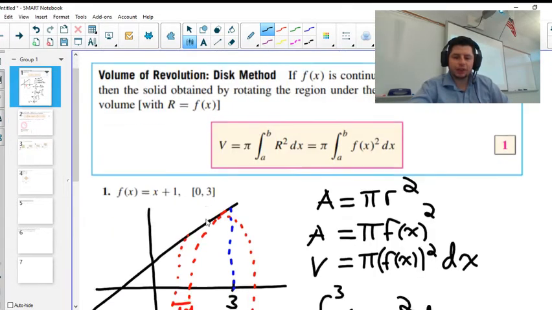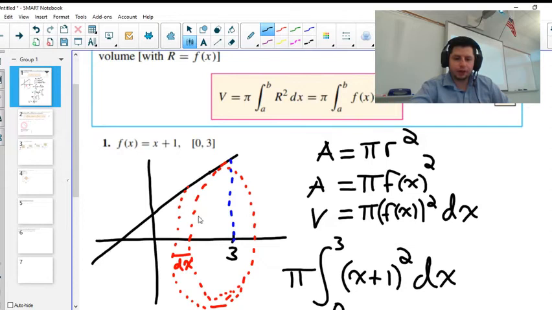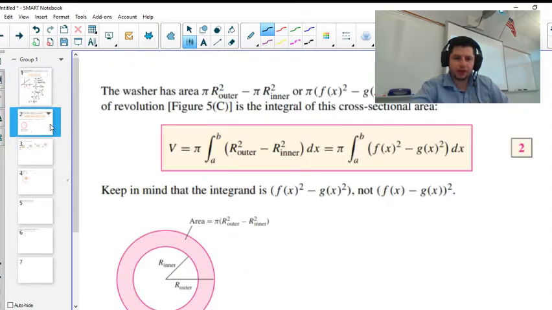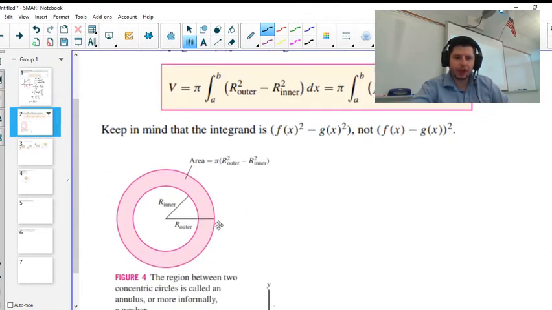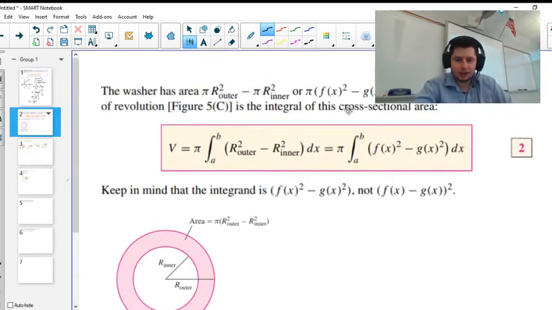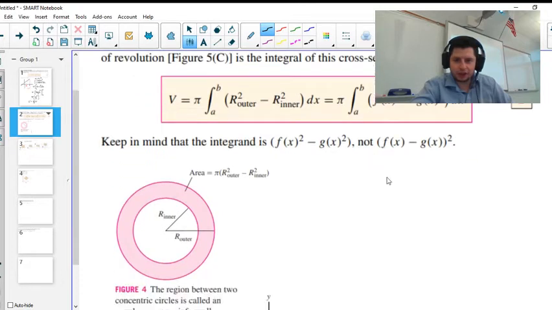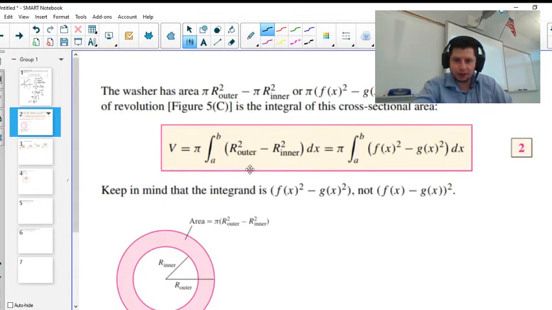In this case, we have the outer radius of the disk, just like here, but now we're hollowing out a little bit of the disk in 3 dimensions, and we're squaring that inner radius. So same idea, same principle. The dx is still the width of that infinitely small disk, and the r squared is still the radius, so you still have the functions being the radius.